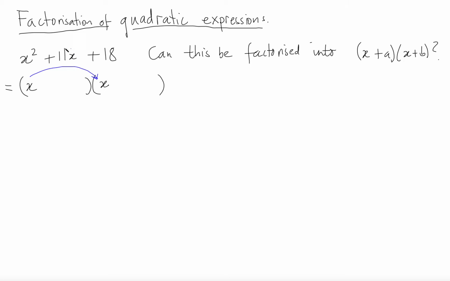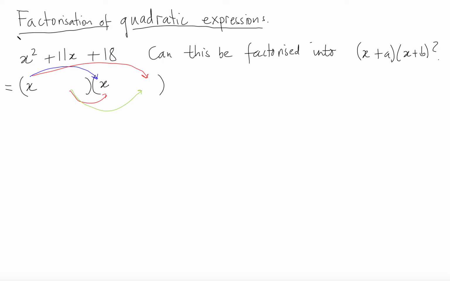Now, we want to have 11x by multiplying x by something that goes here and adding then the product of something that goes here with x. And then the 18 comes from multiplying the number that's here with the number that's here.